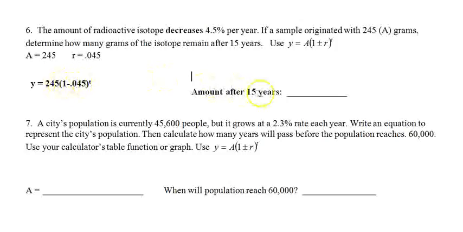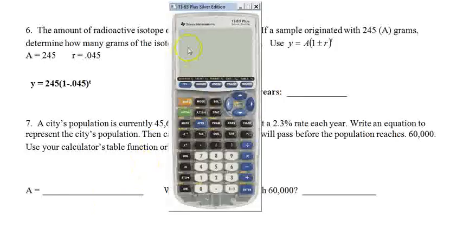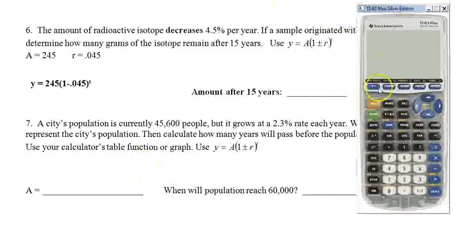Now, for the amount after 15 years, since there's only one question here, I don't really need to put this into the y equals part. I could, and all my y equals would end up being the same. But if I'm going this route, I can just do 245 times 1 minus 0.045 to the x.